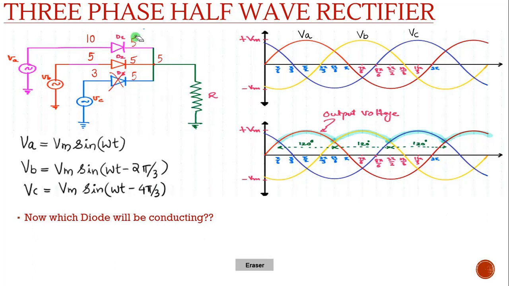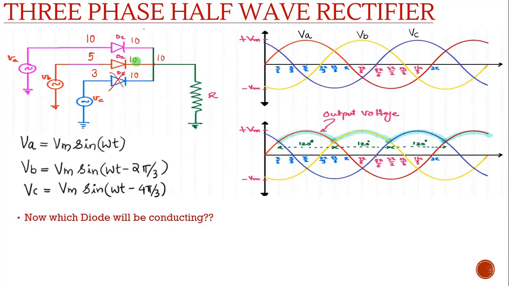This diode conducting means cathode voltage will be 10 volt, assuming that the diode drop is 0. So in both places it will be 10 volt.